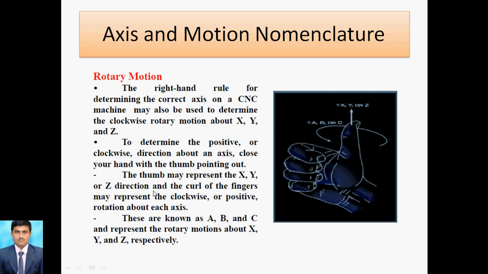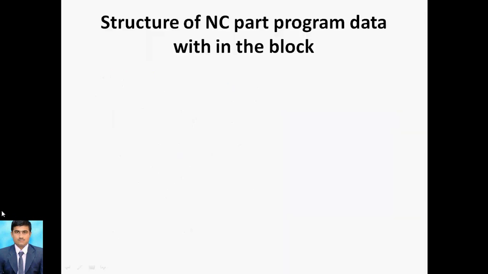For the x, y, z direction of the thumb, the fingers should curl, representing clockwise and anti-clockwise directions, or you can say positive rotation about the axis. These are known as A, B, C, called rotary motions, and they are represented in programming about the x, y, and z coordinate systems. So this is regarding the rotary motions.